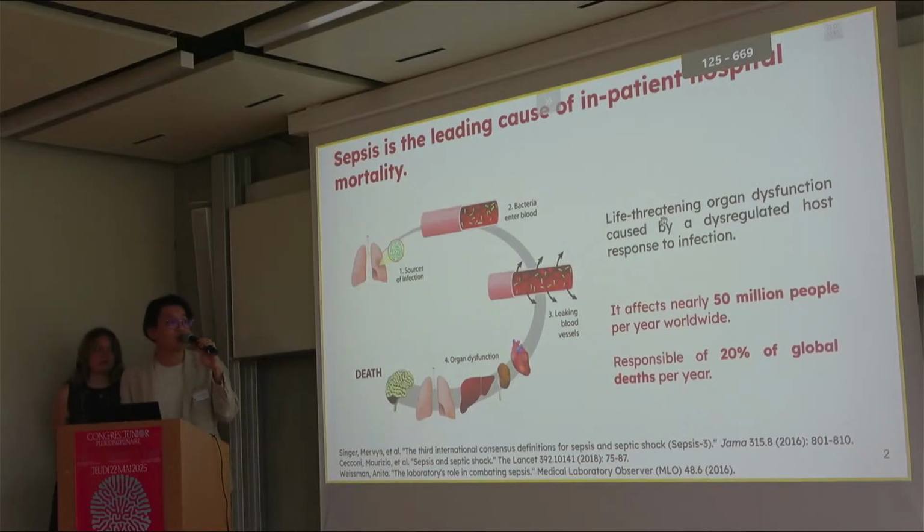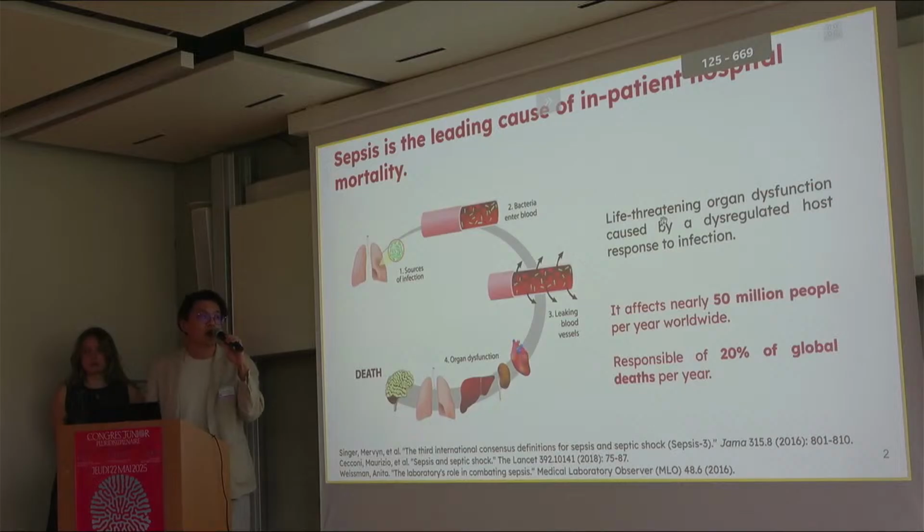It is one of the most frequent causes of death worldwide, affecting nearly 15 million people per year, and responsible for 20% of all global deaths. And the early detection of sepsis can decrease the mortality rates greatly, which makes the prediction of sepsis onset all the more important.